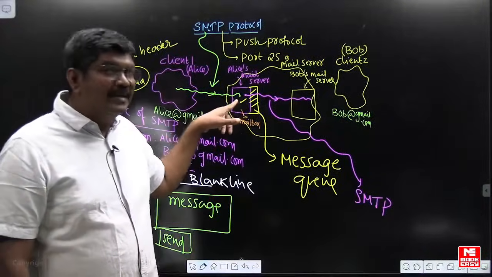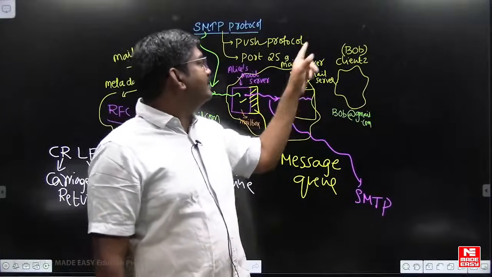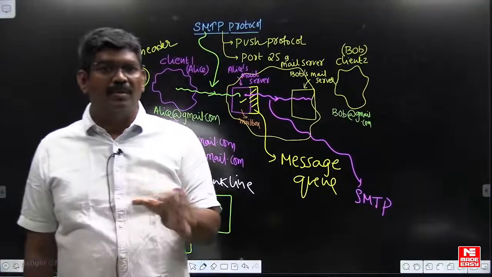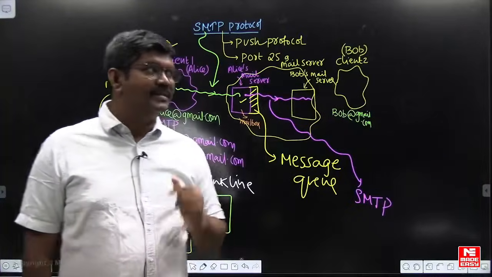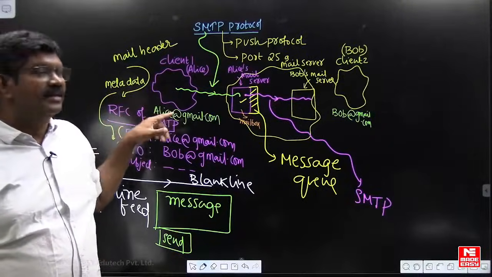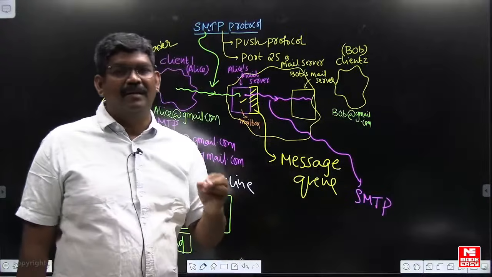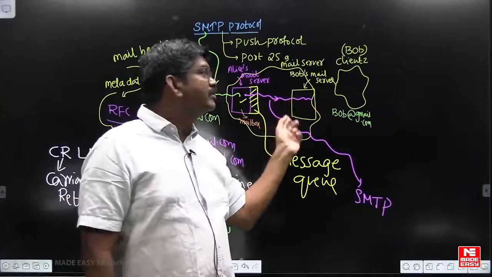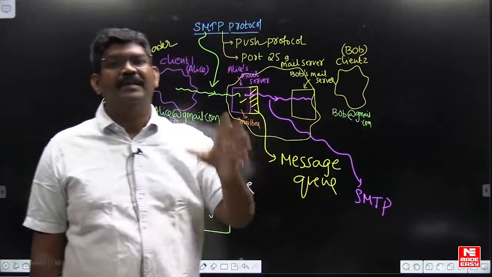What is one more question they can ask you? If Li's mail server is stored at the client side only, and Bob's mail server is stored at Bob's client side only, will it work? It won't work. What could be the reason? They can ask you. The answer is, if Li's mail server is stored at Li's client side, then this client should be continuously online on the internet, and practically that is not possible. Same like that, if Bob's mail server is stored at that client, it should be on continuously for 24 hours, which is practically not possible.